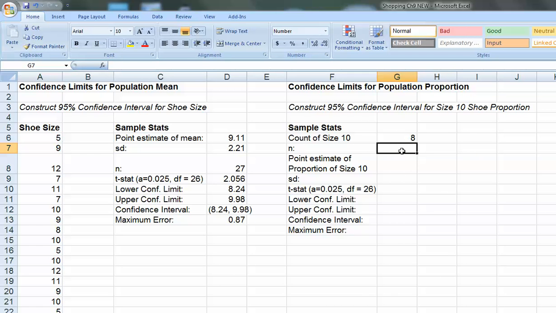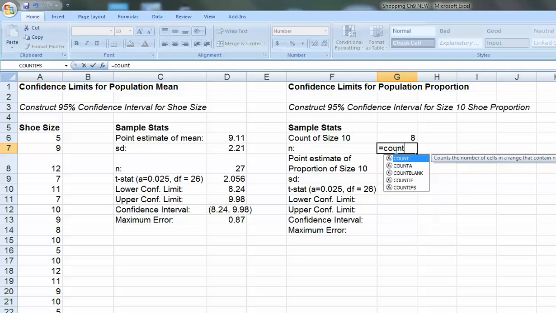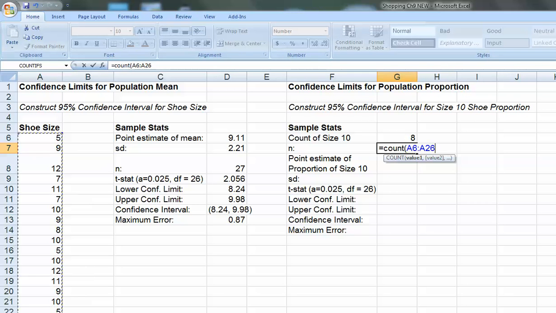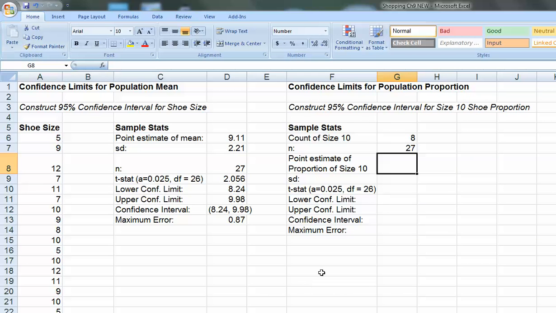All right, and how many total did we have? Well, we knew there was 27, but I'm going to use my equation one more time. We've got 27 values. And now I need my point estimate of the proportion of size 10.